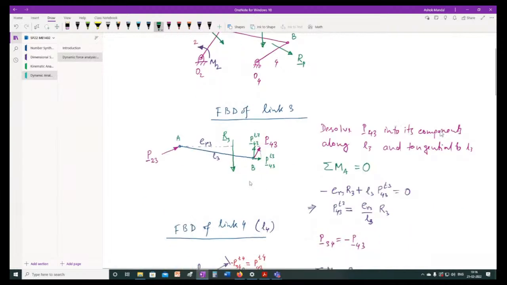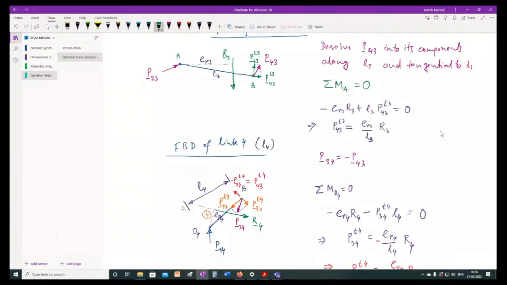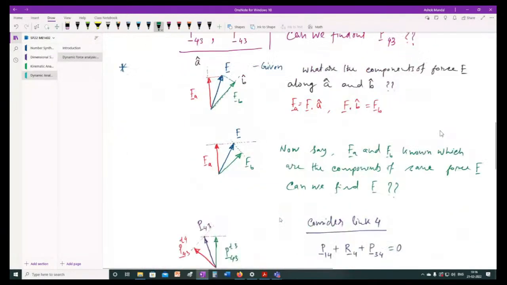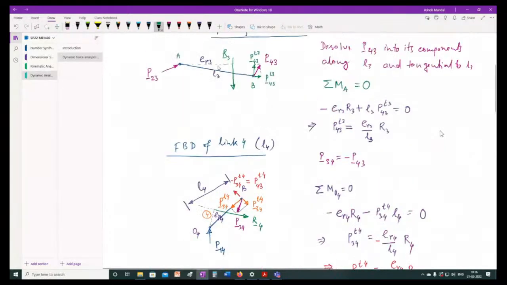So when you do this analysis, you will draw these directions, and no need to go for this proof. You just draw. Once you have the free body diagram of link 3 and link 4, obviously you will get these values. First you get the values P43 and P34, the tangential component with respect to link 3, tangential component with respect to link 4.